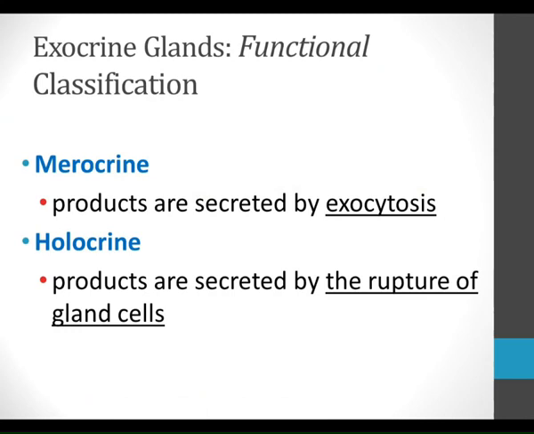Okay, so two types of classification here, functionally, merocrine, holocrine. And then we'll move on to connective tissues. Think about this. Do you want to secrete just parts of your product or all of your product at one time? In the case of an oil gland, a sebaceous gland, right, it secretes the whole amount of product at one time. The whole amount means it's a holocrine secretion.